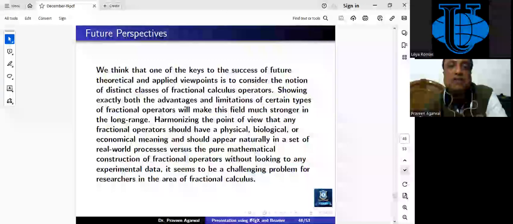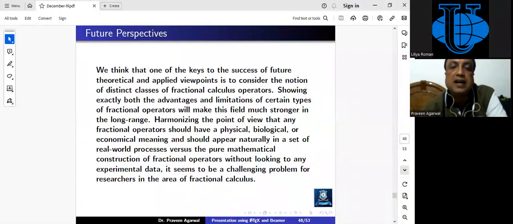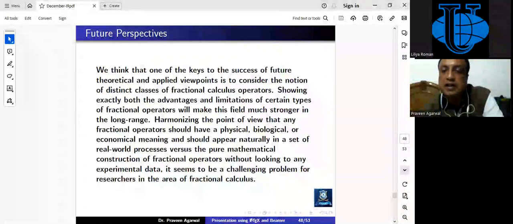So we think that one of the keys to the success of the future theoretical and applied viewpoint is to consider the notion of distinct classes of fractional calculus operators, showing exactly both the advantages and limitations of certain types of fractional operators, which will make this field much stronger in the long range. Harmonizing the point of view that any fractional operator should have a physical, biological, or economical meaning and should appear naturally in a set of real-world processes versus the pure mathematical construction of fractional operators.